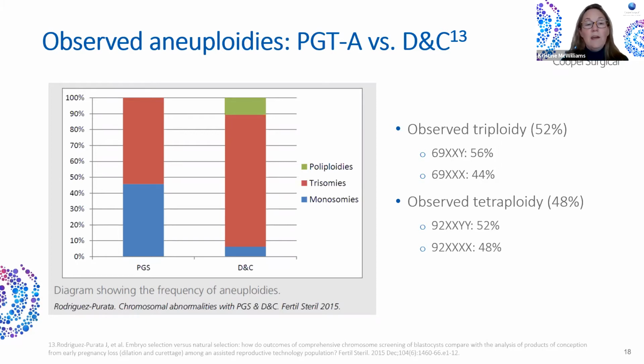Now, you'll notice that the PGTA arm here, or results, did not observe any polyploidy. That is not because polyploidy was not present in these pre-implantation embryos studied, but because the technology at the time was unable to resolve, particularly the female polyploidy, from the profile of a euploid sample.